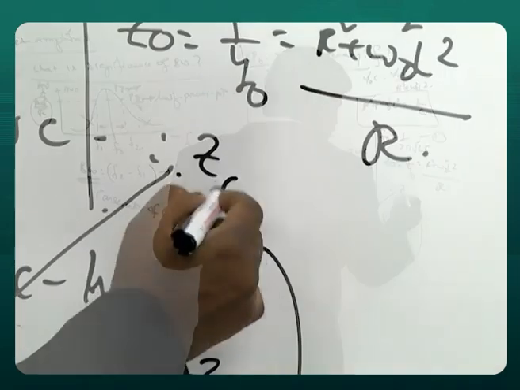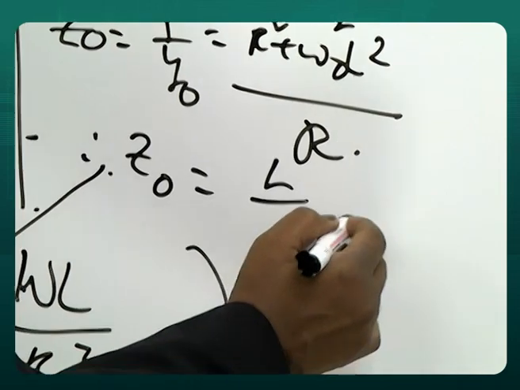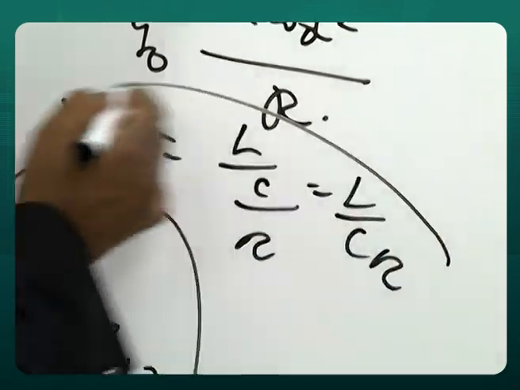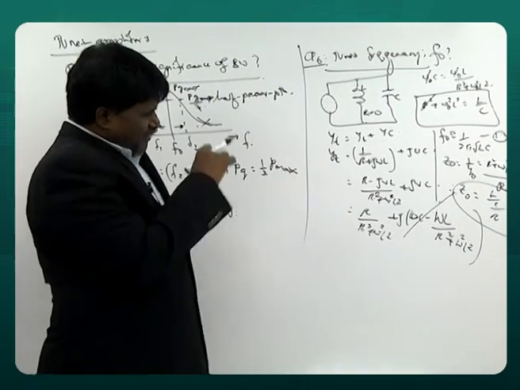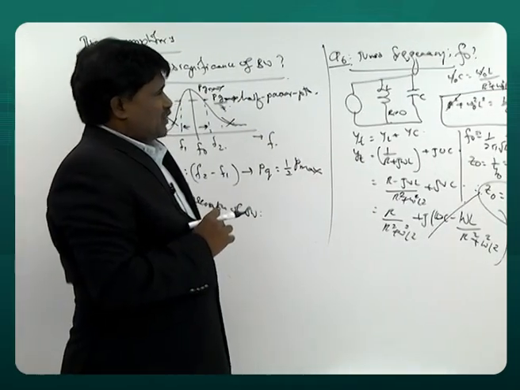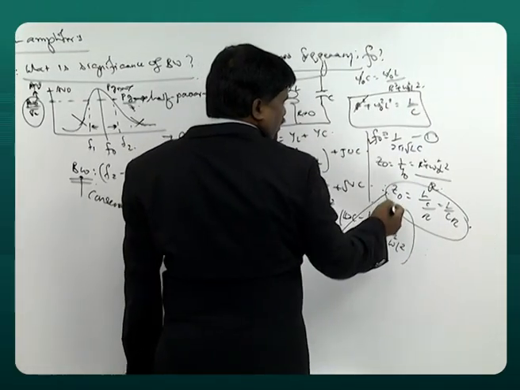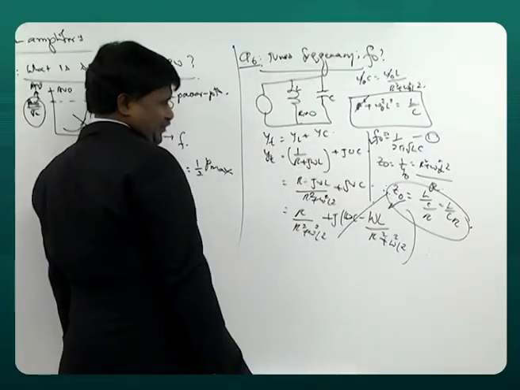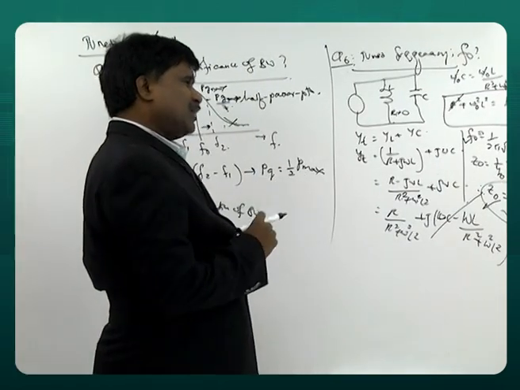Therefore Z0 is equal to L by CR. That's what I told you. L by CR is the impedance at resonance. So we got the resonant frequency, and we got the resonant impedance. The impedance in a parallel resonance circuit is L by CR.